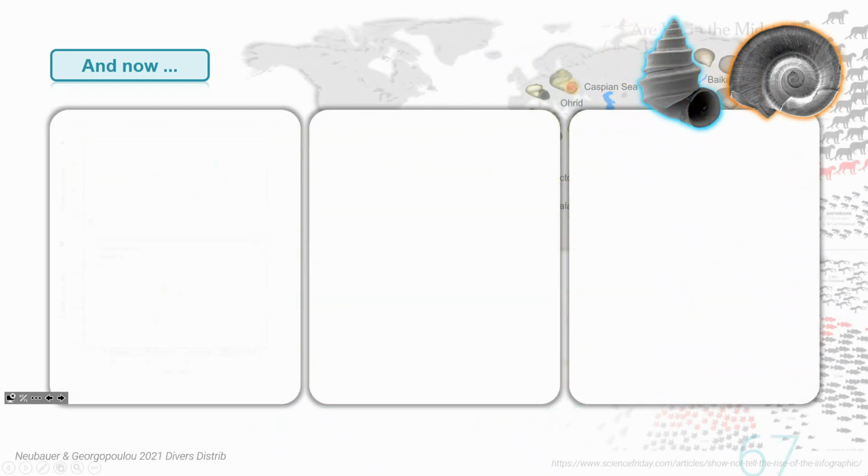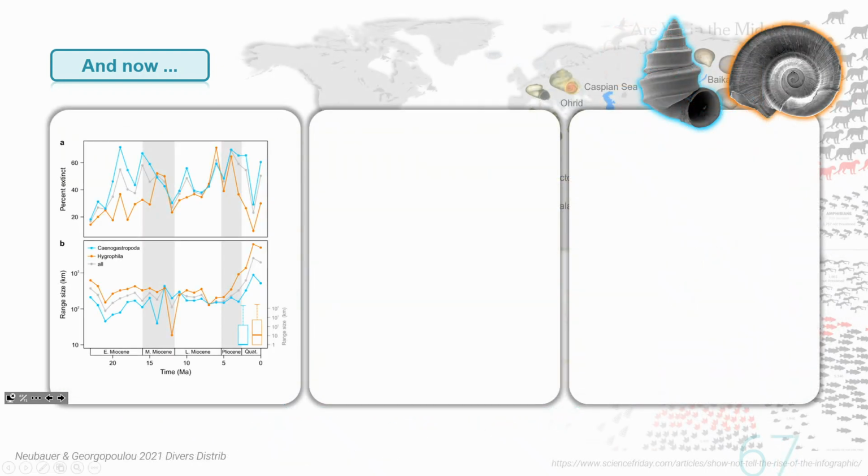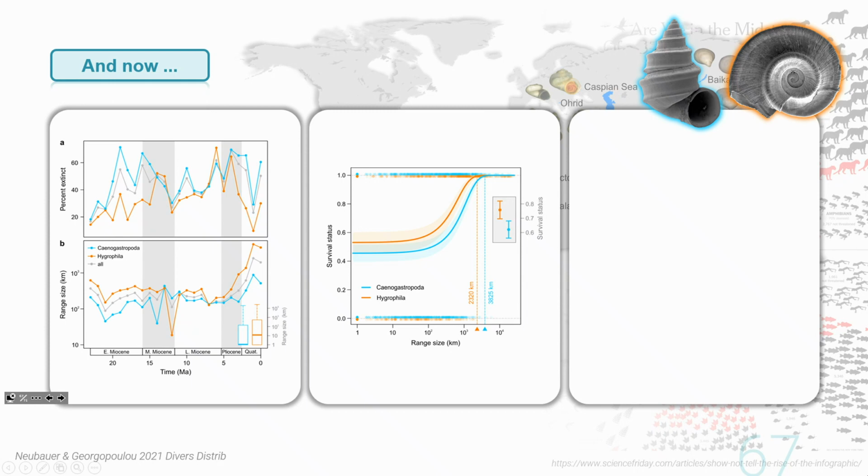So we had a look at this and found indeed that through most of the geological time, with some exceptions, the Gastropoda, so these dioecious forms, are more often going extinct, at a higher percentage, and they have on average the smaller species, the smaller distribution ranges. And if we pool all this data together, independent of time, we see that pulmonates do much better.